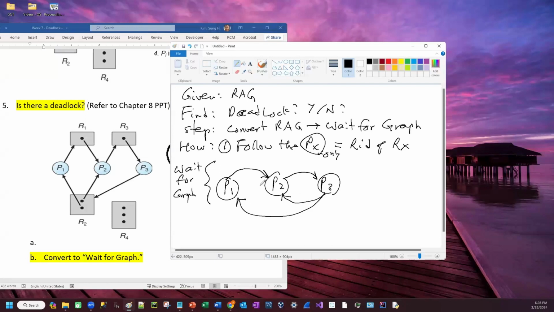Now, once you have this graph, you ask, is there a circle or not? Well, obviously, when you look at the graph, there is a circle here, right? And let me draw the other one, maybe in green. There is this circle right here, right? So there are two circles.